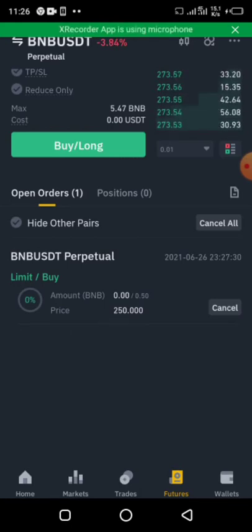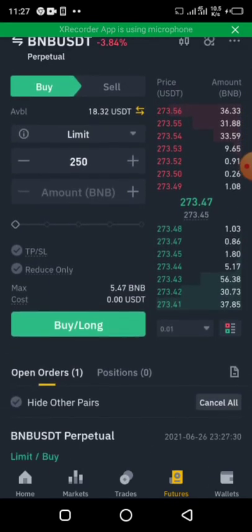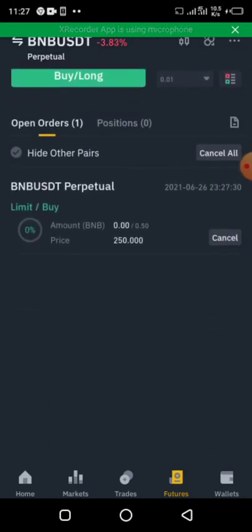If this trade gets to 250 and triggers, that means I'm in huge profit, because from this 250 I'm expecting this trade to move to around 300. Anything that makes this BNB get to 250 before moving to 300 means I'm in huge profit. So that's how we buy using the perpetual, using the isolated margin in futures trading.